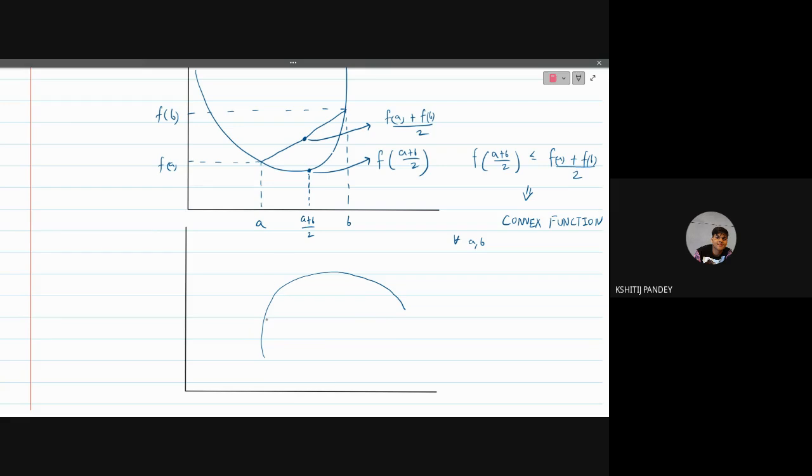So the linear interpolation here for any 2 points A and B will be below the graph. So here F of (A plus B by 2) will be greater than or equal to (F of A plus F of B) by 2. And this function is concave. This is a concave function.